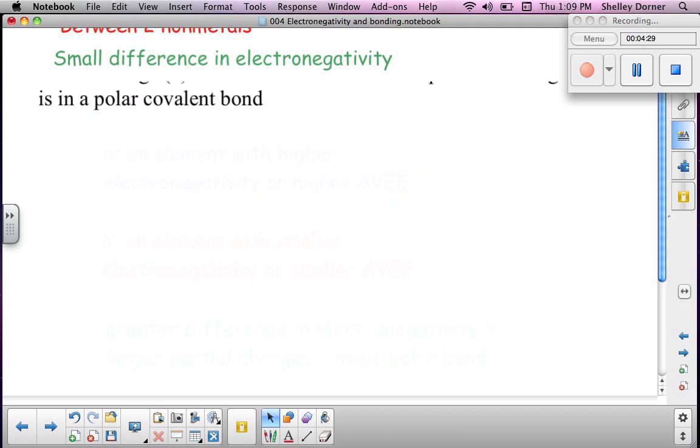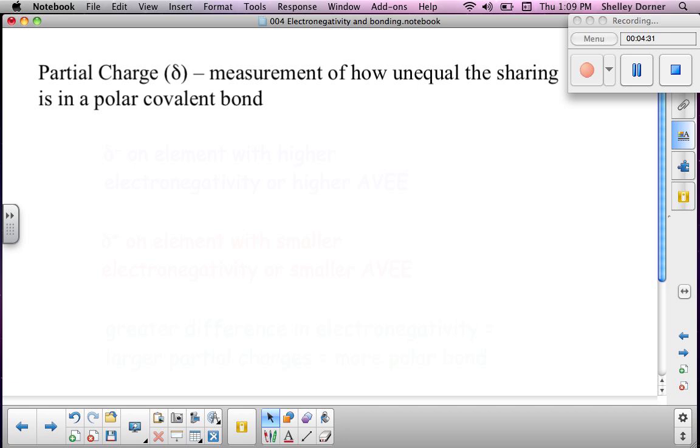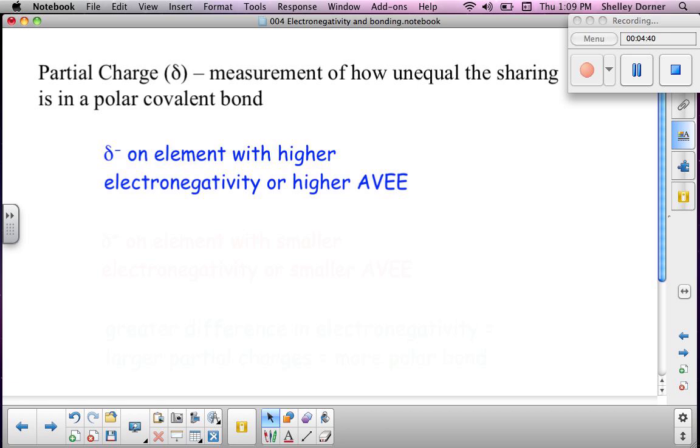Remember that partial charge is a measurement of how unequal the sharing of electrons is in a polar covalent bond. Remember that the partial negative charge always goes on the element with the higher electronegativity or the higher average valence electron energy.